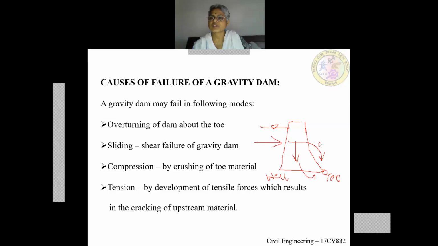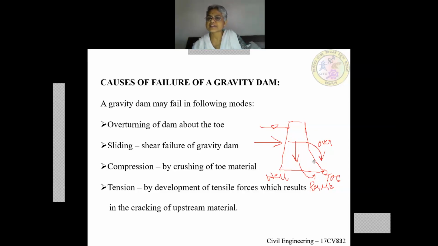These are called overturning moments. Whereas these are called resisting moments, which are in the opposite direction. The weight, the vertically acting force, will produce an anti-clockwise moment and it will resist the overturning.